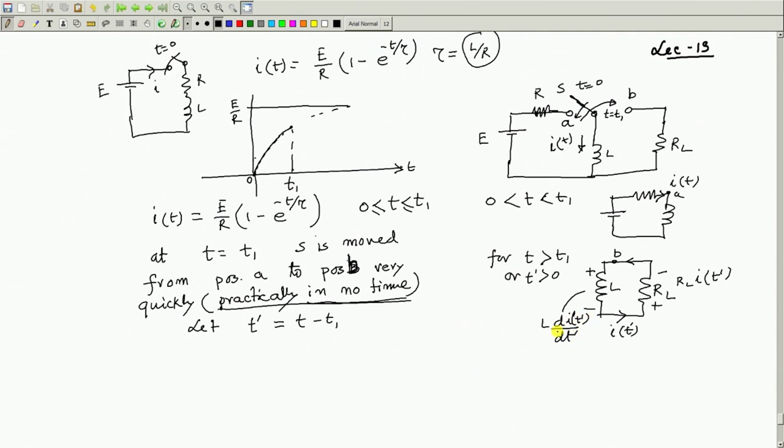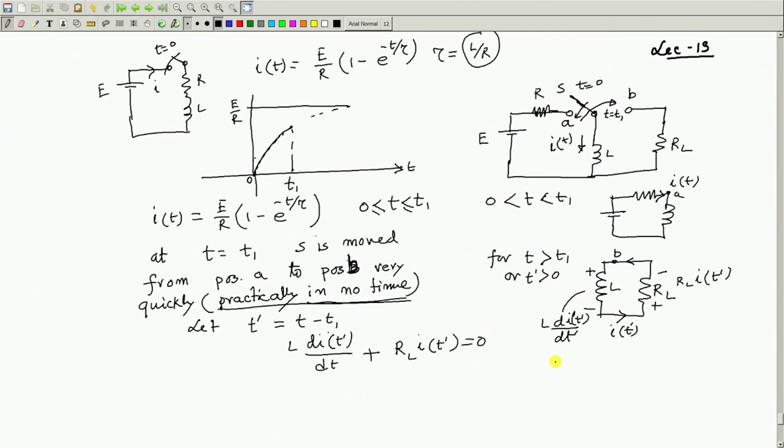So, a new variable of time I have just defined. Your KVL equation will be, from minus to plus, L d I t dashed d t dashed plus R L I t dashed, and this has to be 0 because there is no source existing.